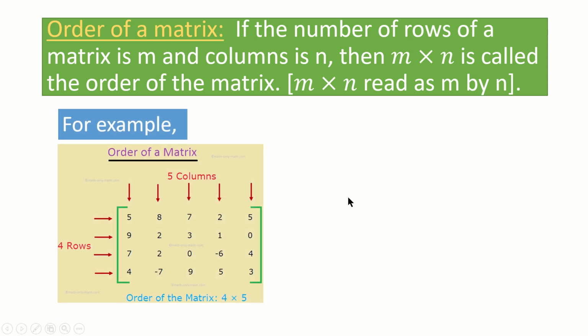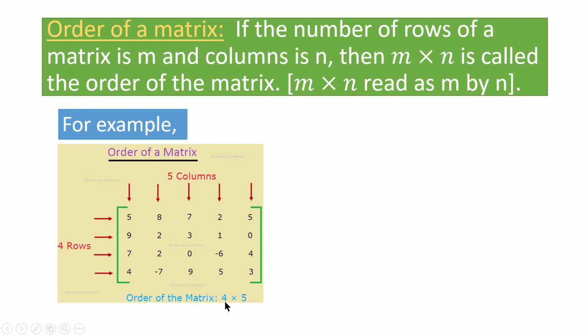For example, here the total number of rows is 4 and the total number of columns is 5. So the order of the matrix will be 4 by 5, and by using this we can get the total number of entries.